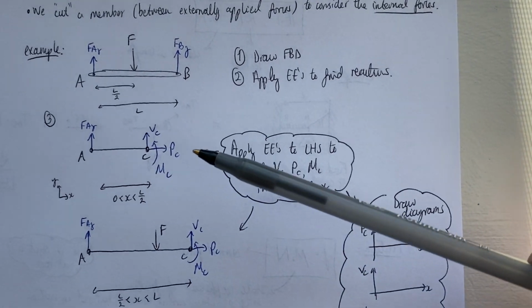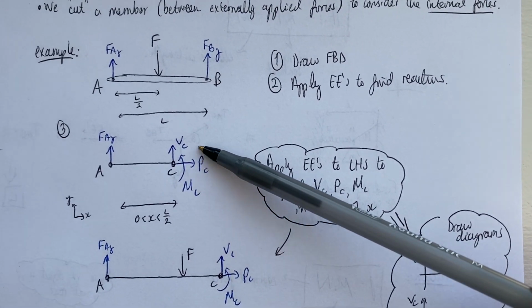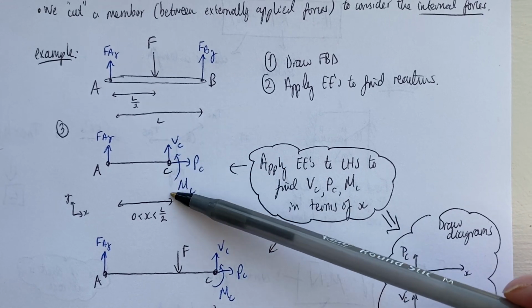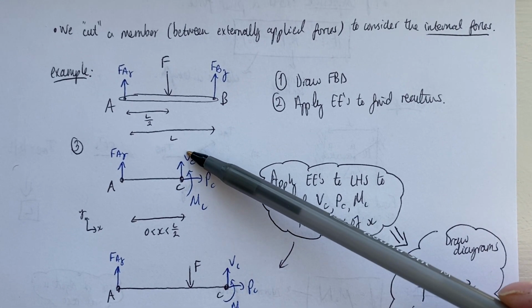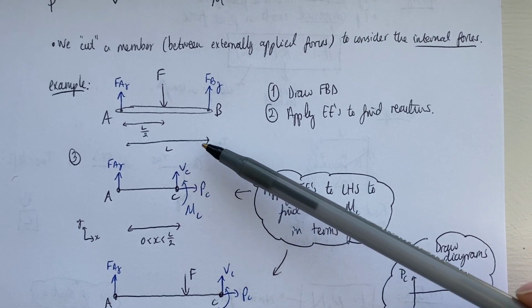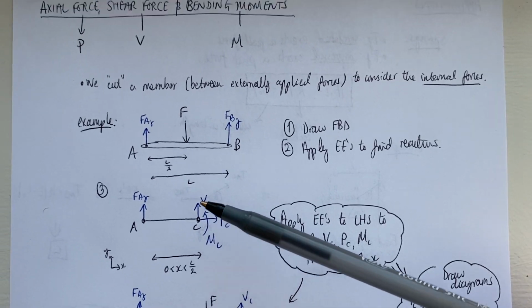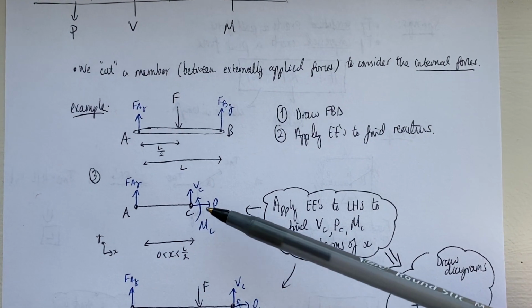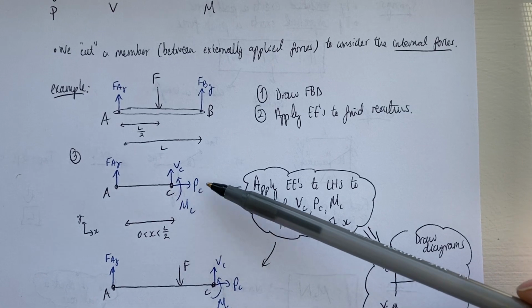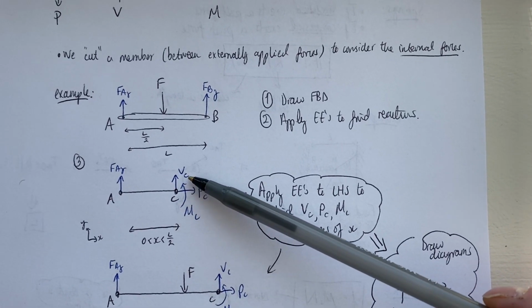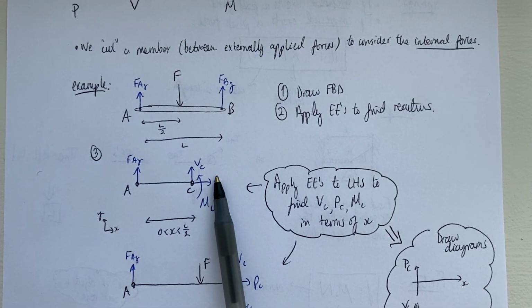And then what I do to consider the internal forces is draw on the values, or these names for the various internal forces. So I've chosen to draw them all positive on the left hand side of the free body diagram.